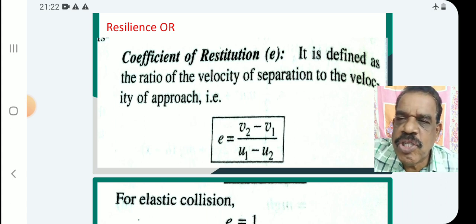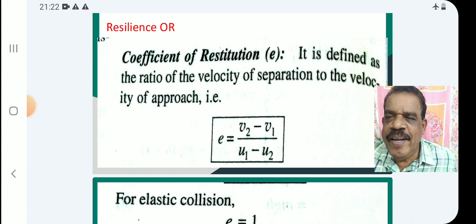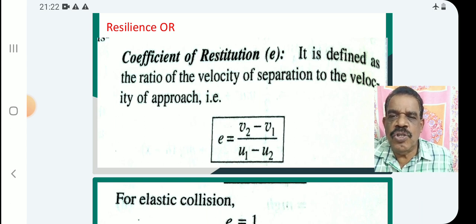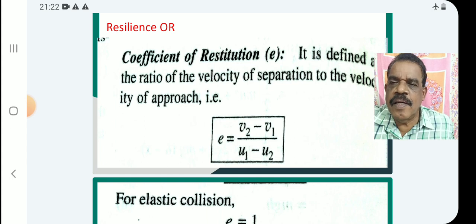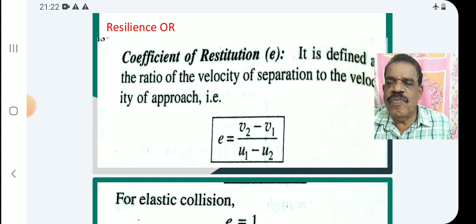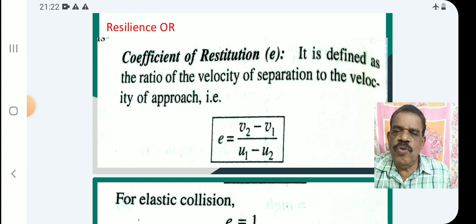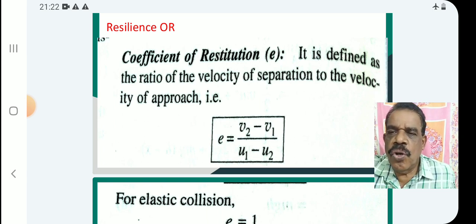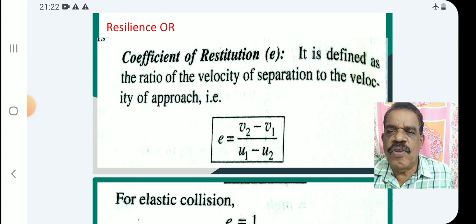So coefficient of restitution e is defined as the ratio of relative velocity of separation to the relative velocity of approach, or simply velocity of separation to the velocity of approach.